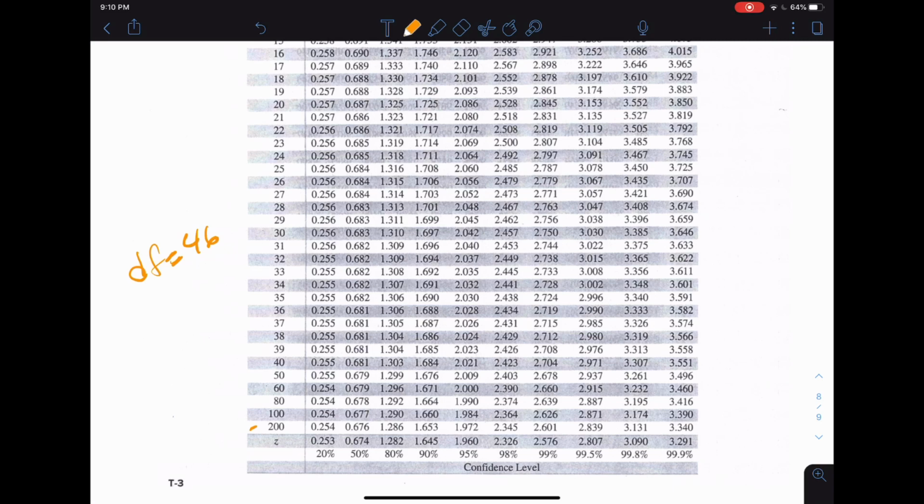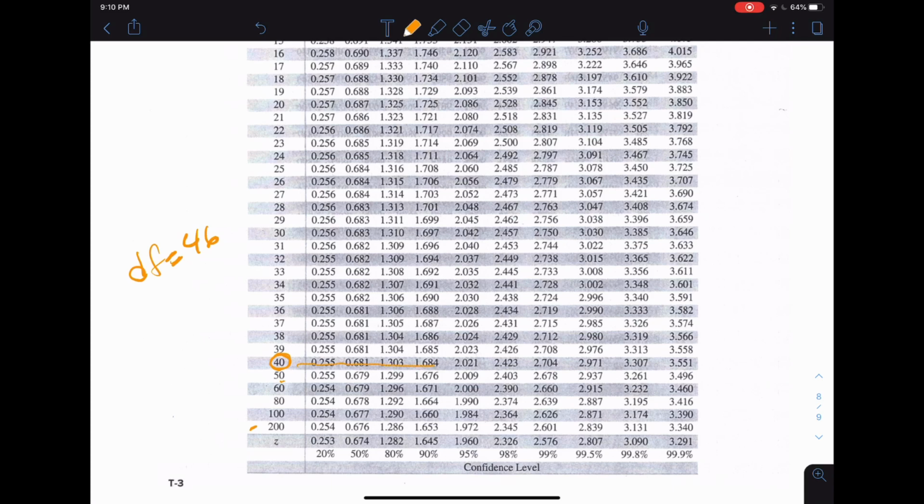So even though 46 is closer to 50, we drop down to 40. That's more conservative. If we go up to 50, that's saying we had 51 in our sample. That'd be lying. So we drop down to 40 as the degrees of freedom, because 46 isn't on here.